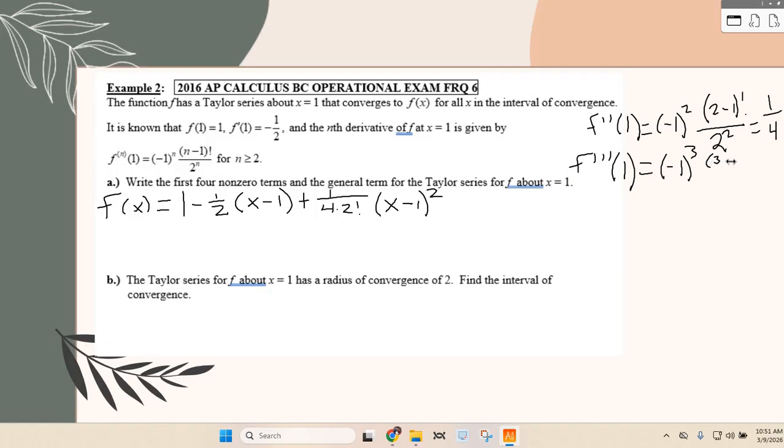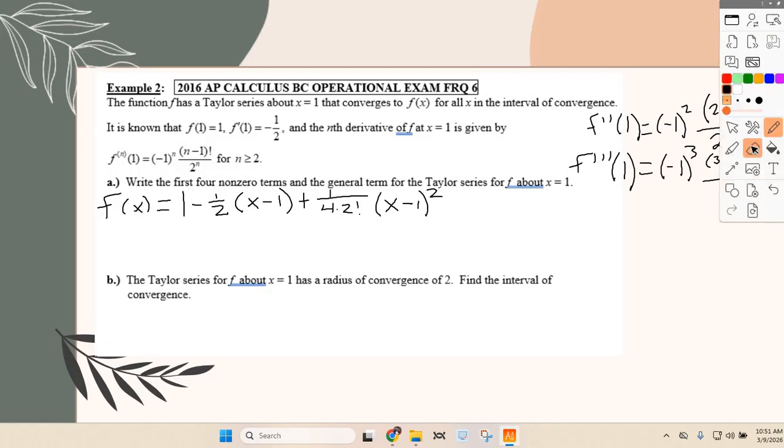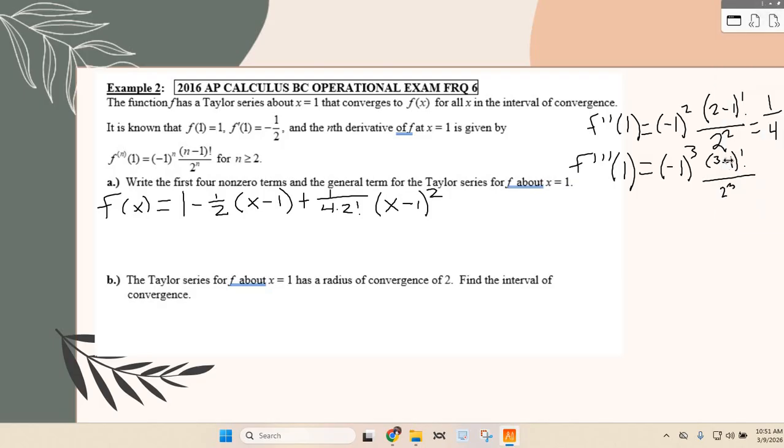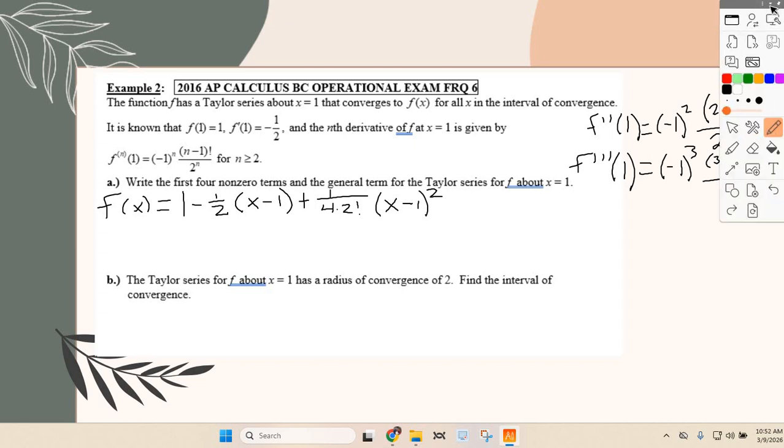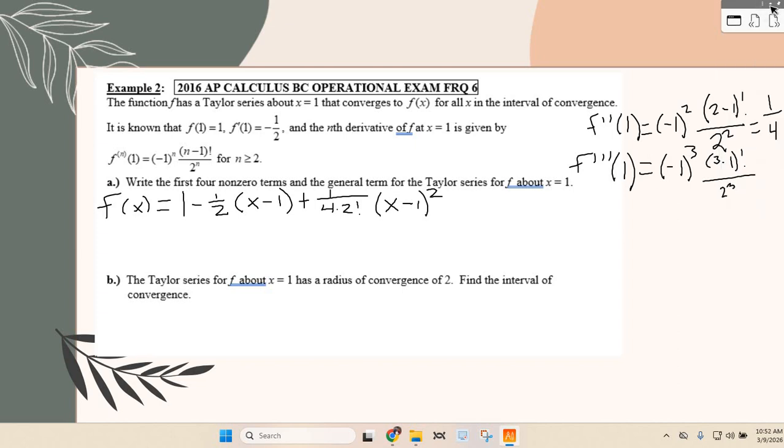Going to have 3 minus 1 factorial divided by 2 to the 3rd. So this would be 2 factorial over negative 2 cubed.